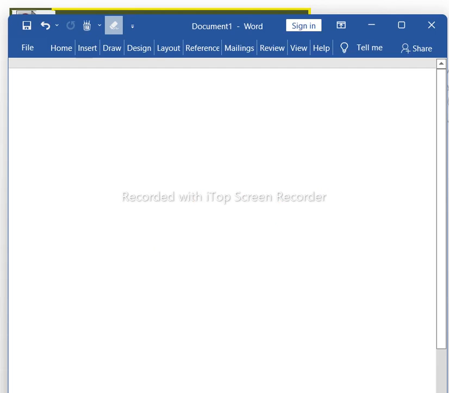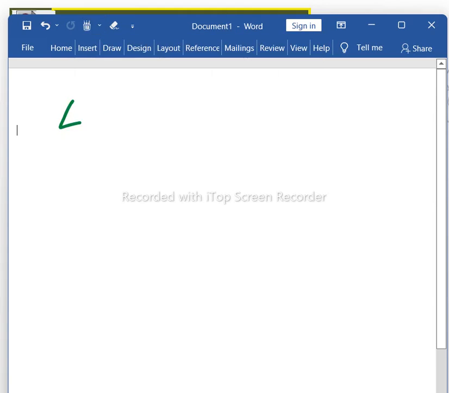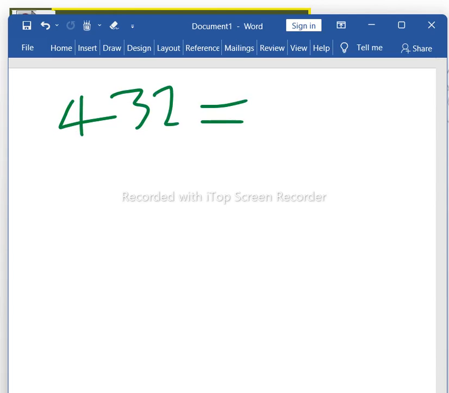In the other way, a number that is divisible by 6 is a number that is divisible by both 2 and 3. For example, if you take 332, it is divisible by 2, and it is also divisible by 3. So this number is divisible by 6.